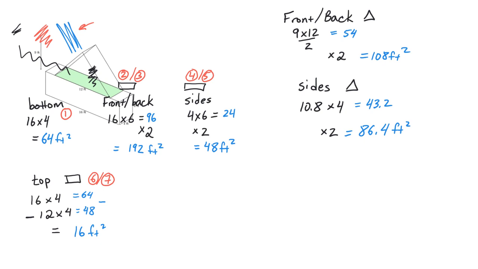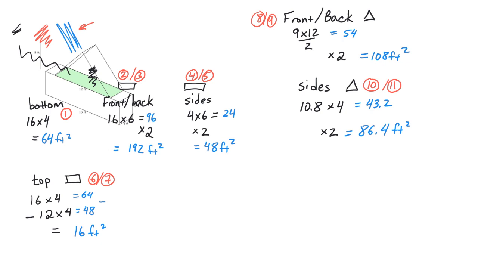The front and back triangle was 8 and 9. And then we have the sides of my triangle, left side, right side, 10 and 11. So I was able to find the areas of all 11 parts of this shape.